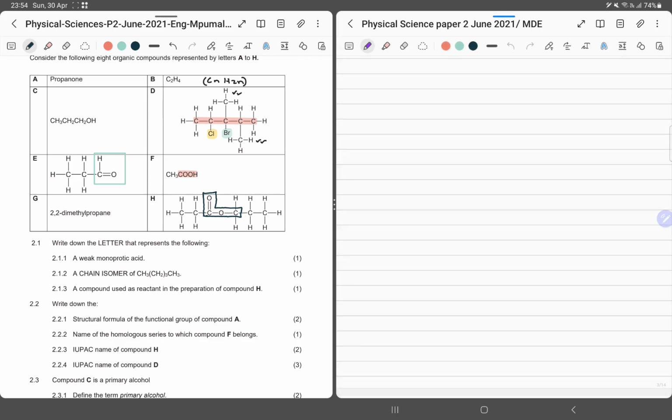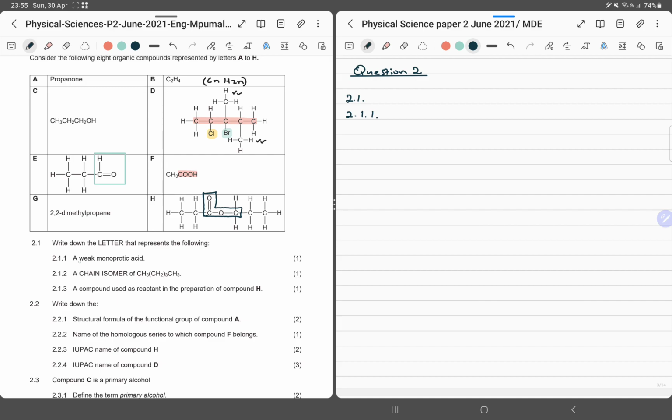Okay, now we're going to start working on this side. So we are answering question 2 here. So we've got 2.1, and then it's divided into 2.1.1.